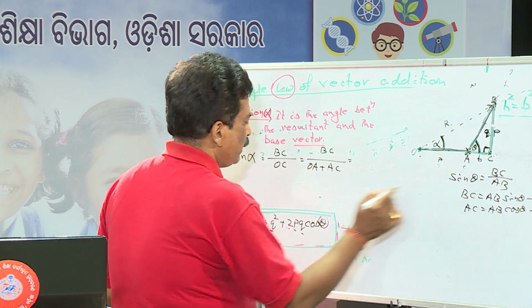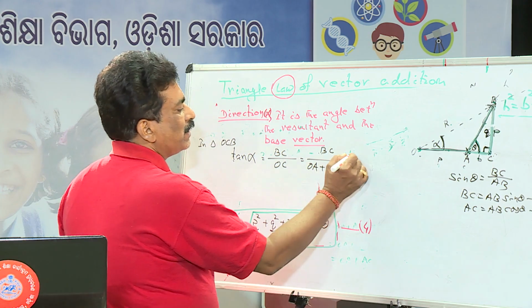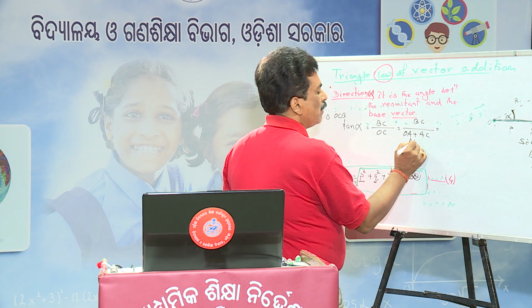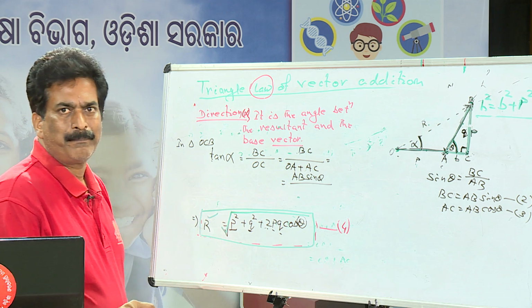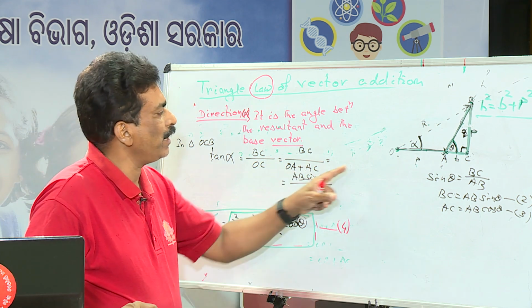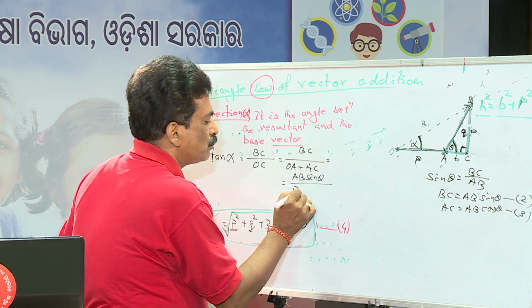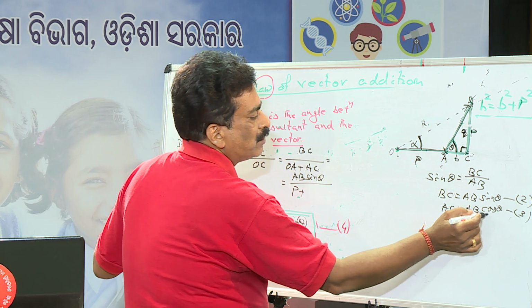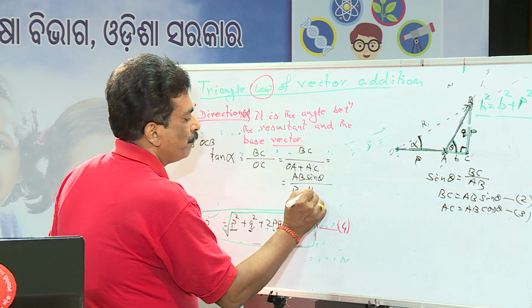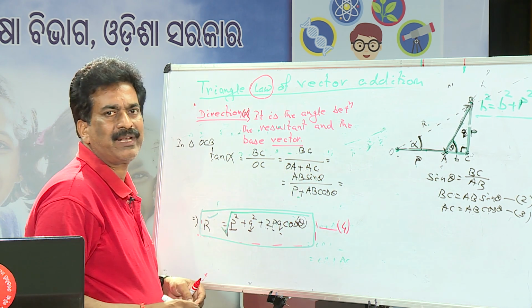So BC is equal to AB sin theta, divided by OA, which is equal to how much? OA is equal to P plus AC, which is AB cos theta.